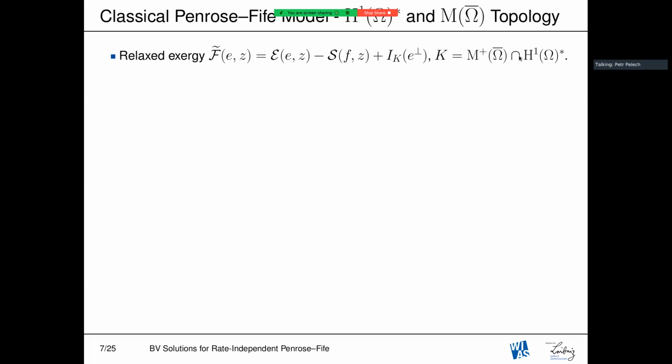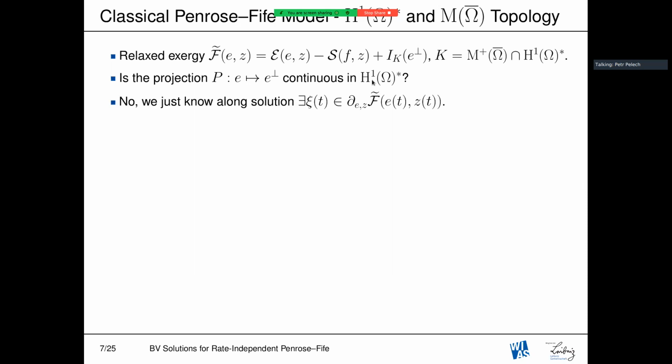So it seems good, this formula, but the question is whether F and E perpendicular are good coordinates in our setting, which means whether the projection, which assigns to a measure its singular part, is continuous in H1 star, because that's our viscous space, that's our topology.